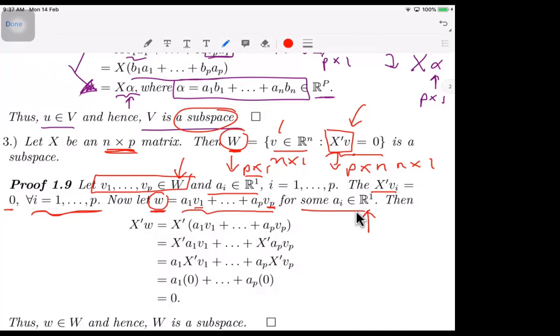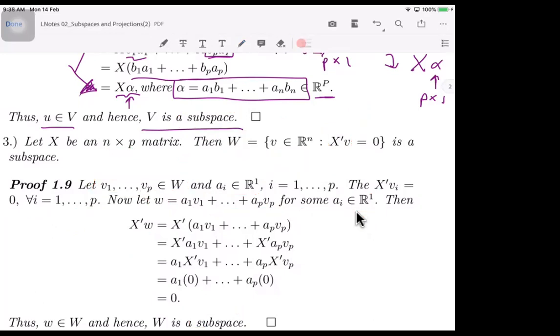And what you do is you have to show that if we pre-multiply w by X prime, this should be equal to 0, so that w is an element of W. So you started with a v which is in W. You have a new linear combination w, so that pre-multiplying by X prime equal to 0 will show that w is in W and show that it is a subspace.